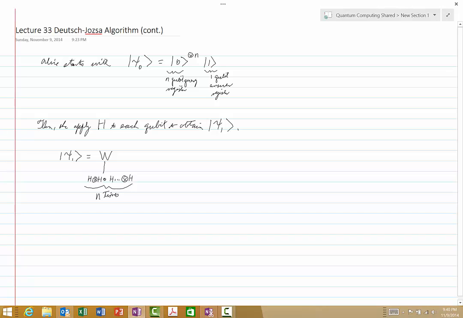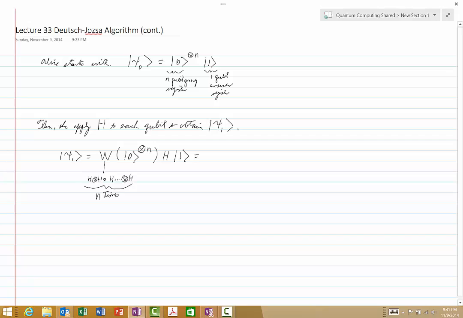So we have W acting on 0 superscript n, which means, again, this is just the n qubit state consisting of all zeros. And then we also have H acting on that final qubit of 1.